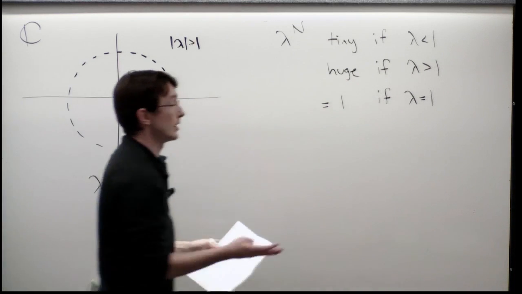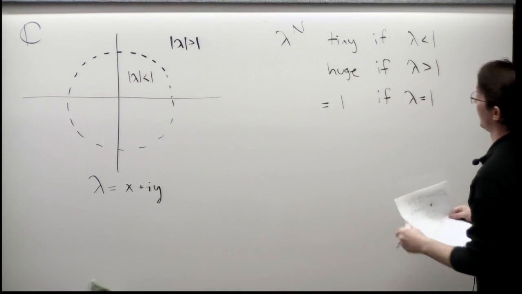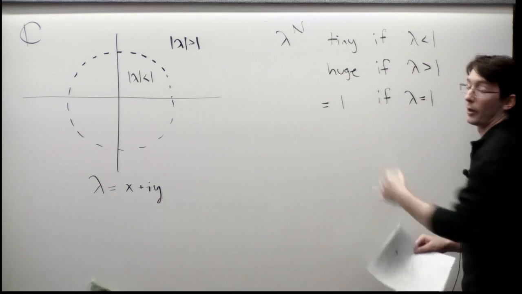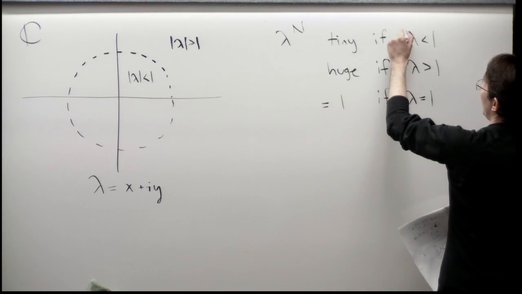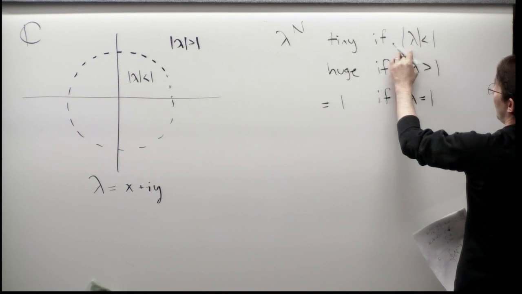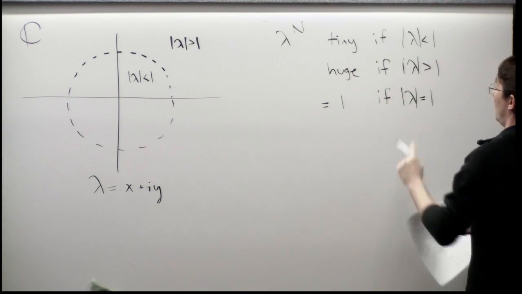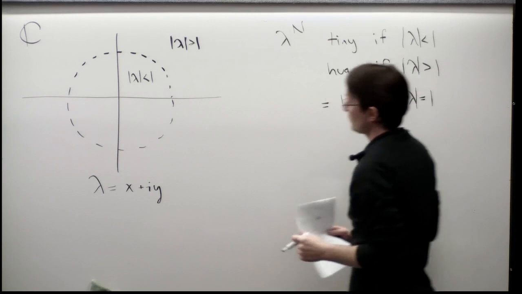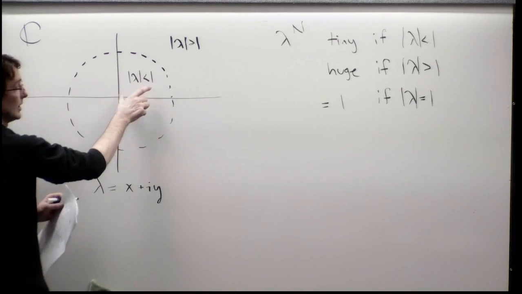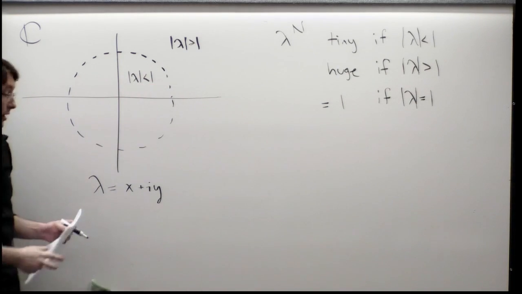Okay, so all of the theory carries over now. Lambda to the power n will still be tiny, but now we require that the absolute value of lambda is less than 1, where the absolute value of lambda is the length of the vector in the complex plane.